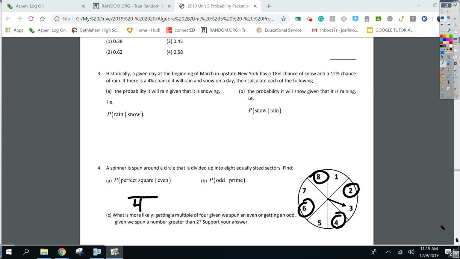So right, can't take the square root of 2. 4 is a perfect square. 6 is not. 8 is not. So there's only 1 out of the 4 even numbers. We good?